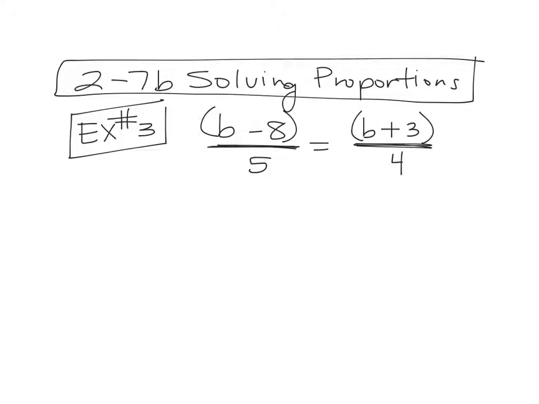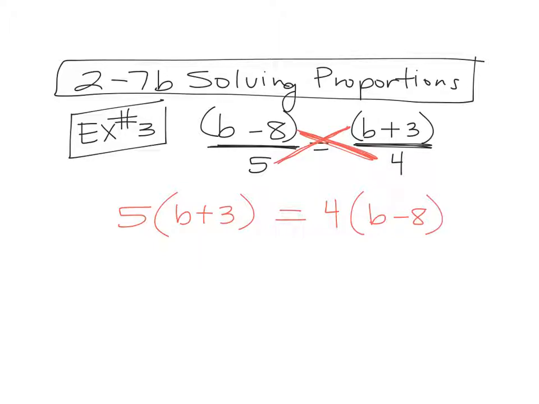So we're going to cross multiply, which means we're doing the bottom left times the top right. So it's going to be 5, and then your parentheses, b plus 3. And then you bring your equal sign down, and then you cross multiply the other way. So we're going to multiply these two now, and it's going to be 4 times b minus 8.